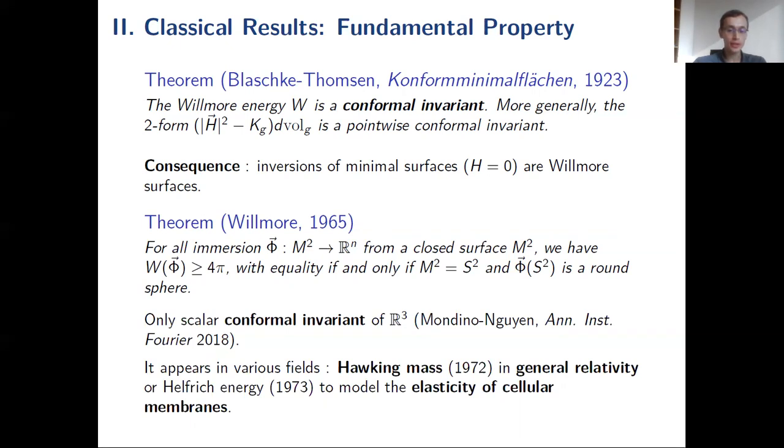So we can say that the Hawking mass will be the measure of the failure of this inequality in curved spaces, and the ADM mass will be the asymptotic defect. And the Frisch energy is a similar energy, which is also H squared plus some lower order terms.